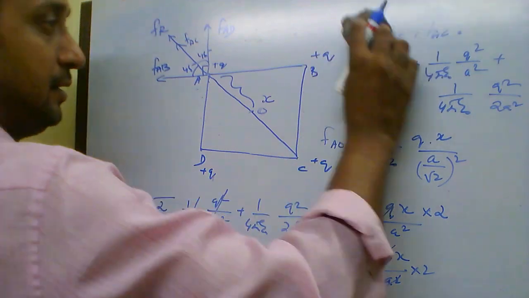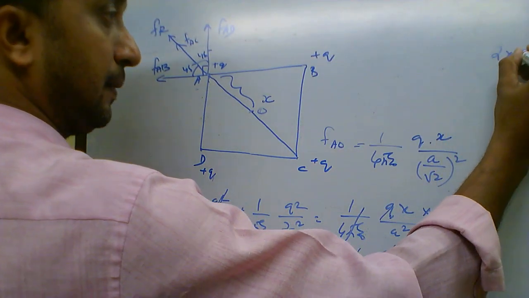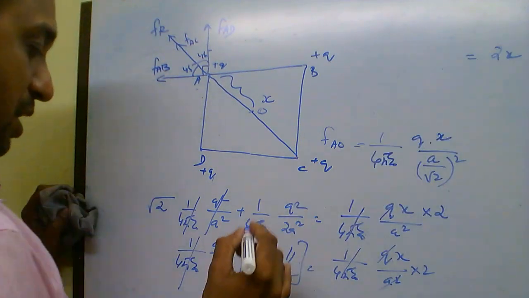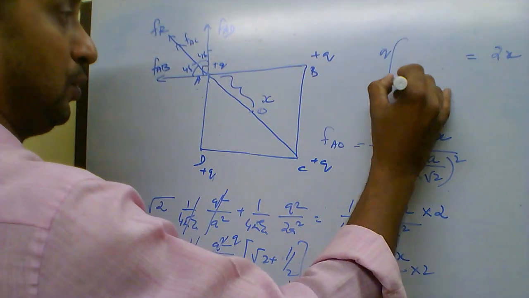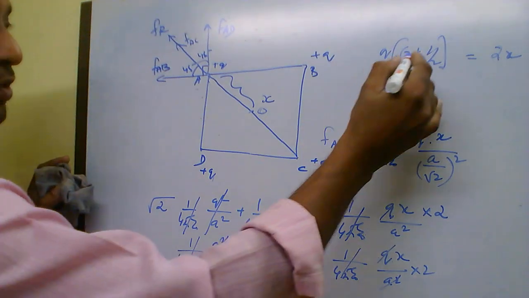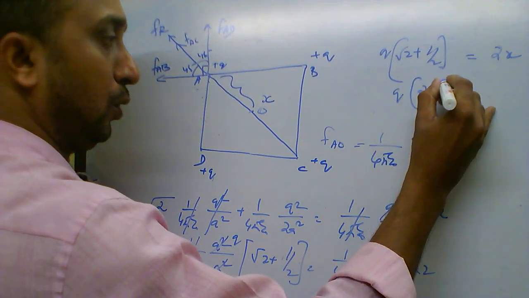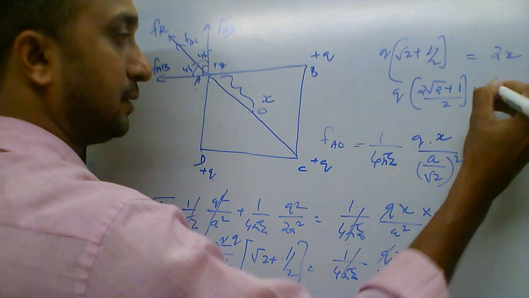So if you write them separately, on the left hand side you have 2x, and on the right hand side you have q into root 2 plus 1 by 2. So when you cross multiply, you will have q times 2 root 2 plus 1 by 2 equal to 2x.